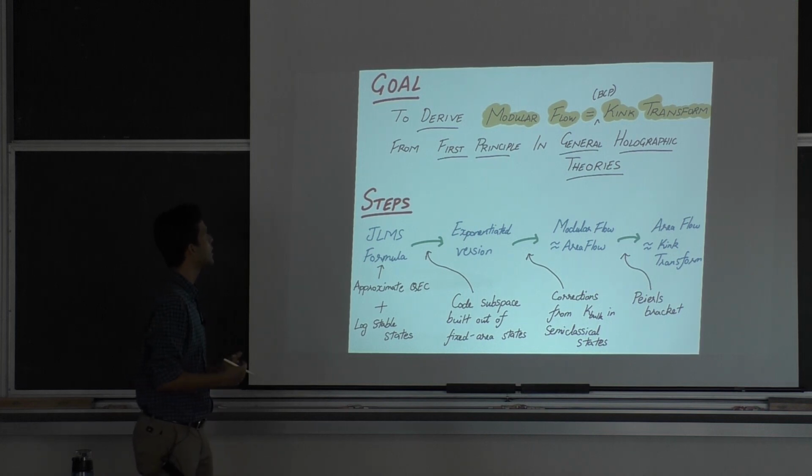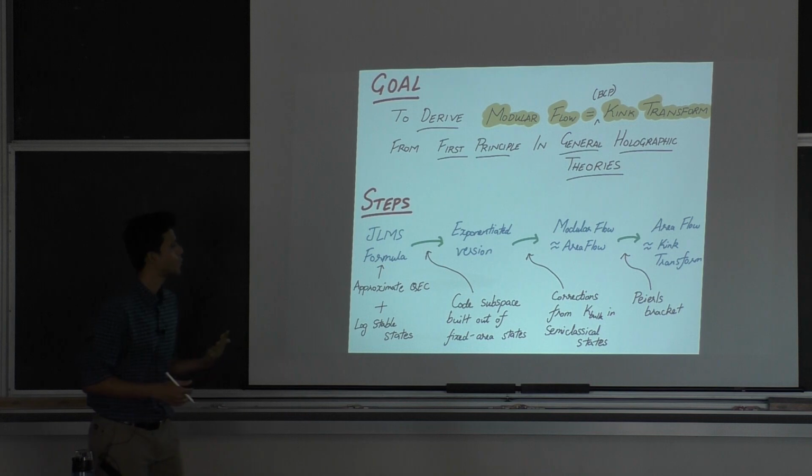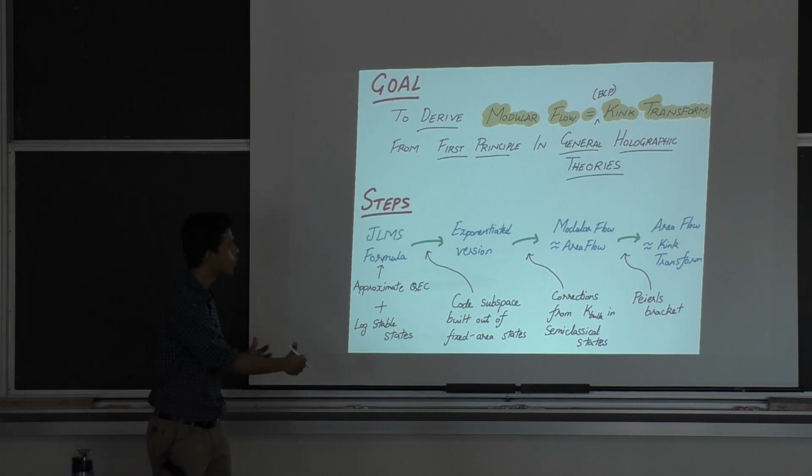The thing that we did in the paper with Raphael you can think of as a proof that the cocycle flow is given by the Kink transform, because we matched everything we knew about the cocycle flow. What distinguishes this talk is trying to derive it from first principles, from things we already know in holography, and to say concretely that there's some precise sense in which the modular flow is given by the Kink transform. So that's the goal of what I want to talk about.